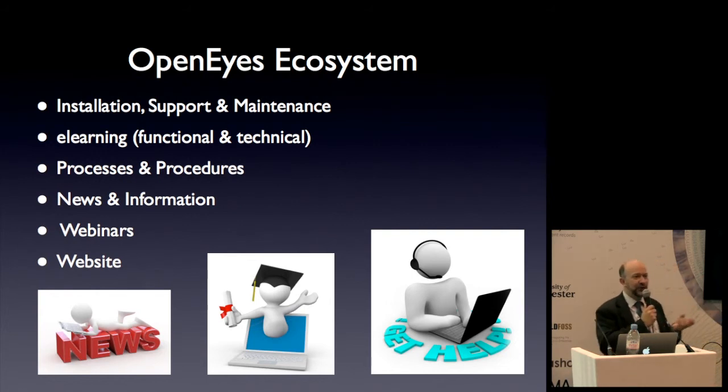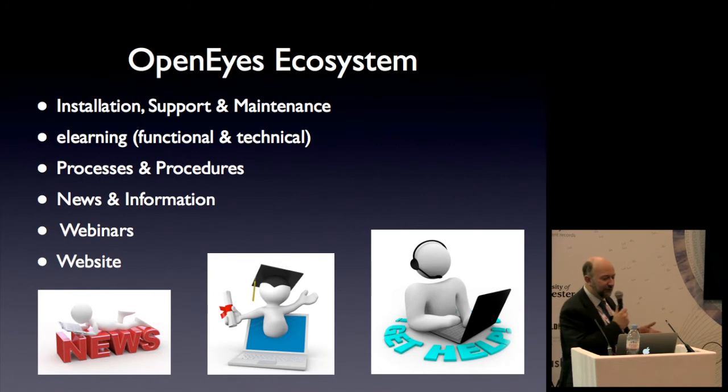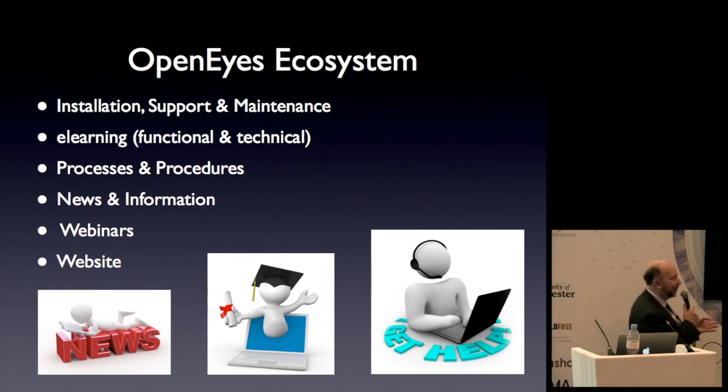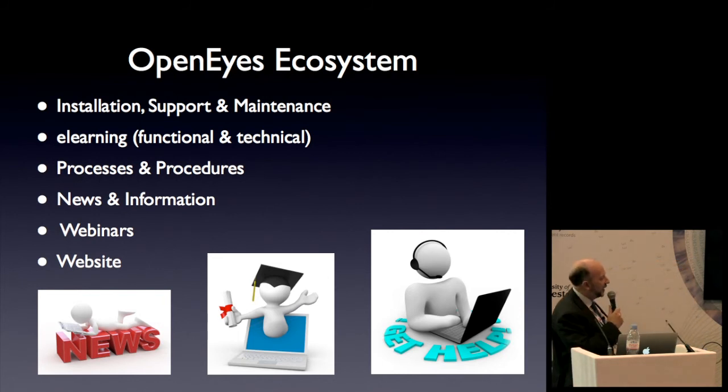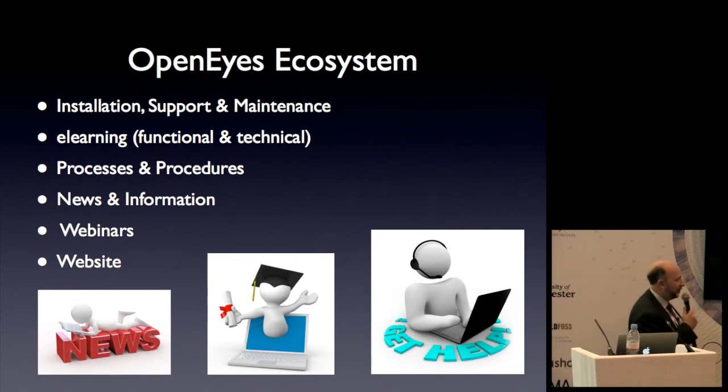So the foundation brings everything together and allows people to be effective in the use of the product. So just a very quick run through of what OpenEyes is, the product, this open source ophthalmological electronic patient record, and how it's being managed and maintained in the big wide world.